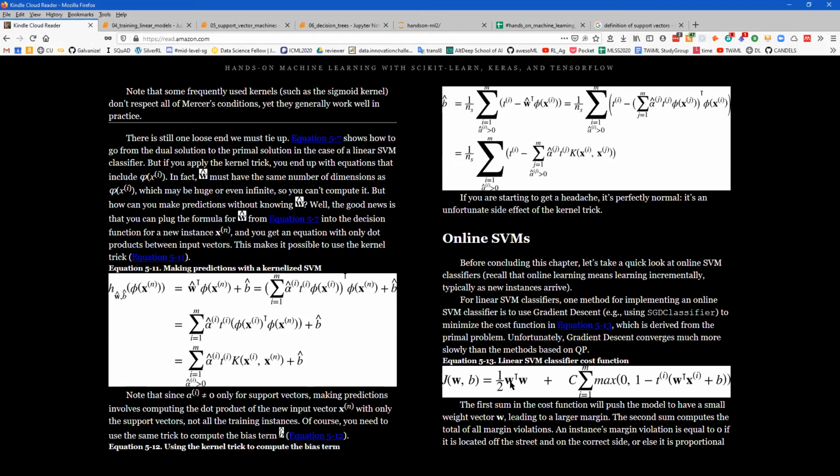There's the W transpose W, and then we have this max of W transpose X plus B. That looks similar. The H is the identity. That's the first thing we can notice. The sum from i equals 1 to m of this stuff.